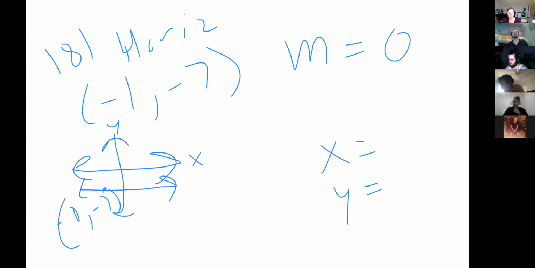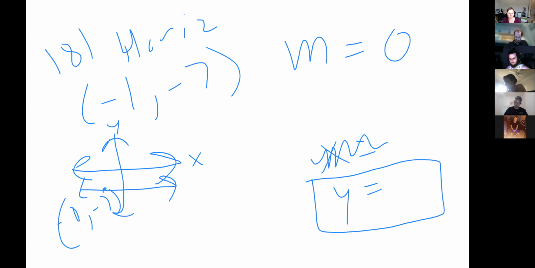It's going to be y equals because it's horizontal. And now I want to know y is equal to what? To minus 7. It's right there in that equation. So if you get these on a test, I hope you're rejoicing. These are so quick. If it's horizontal, it's y equals, and it's y equals the value that's right there.